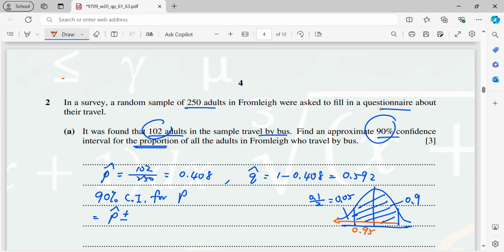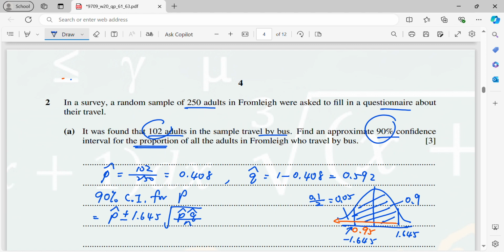When you read the normal table, when the probability is 0.95, my critical value is 1.645, and this side is going to be negative 1.645. So here is 1.645, then the square root of p hat q hat over n.